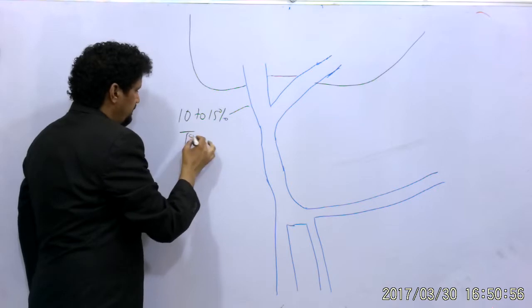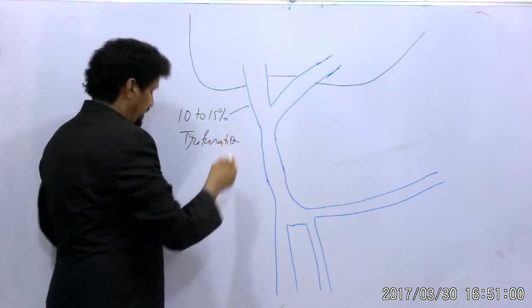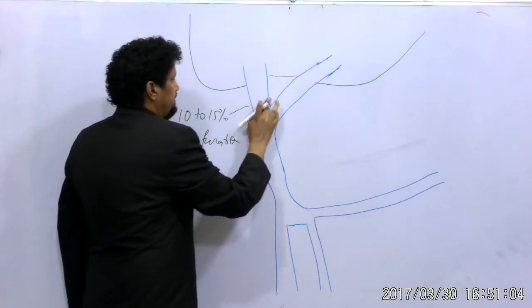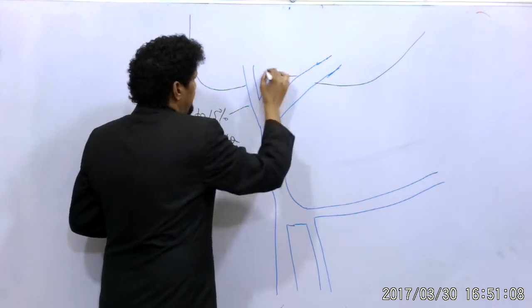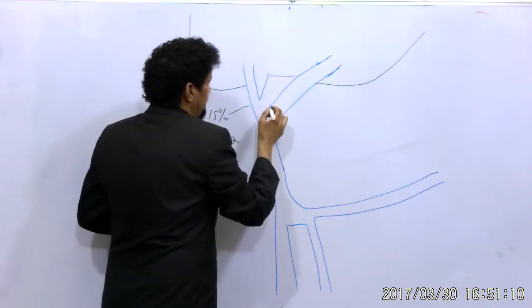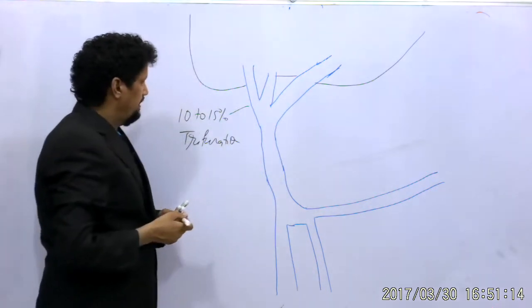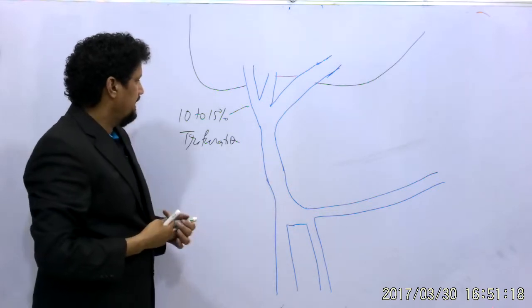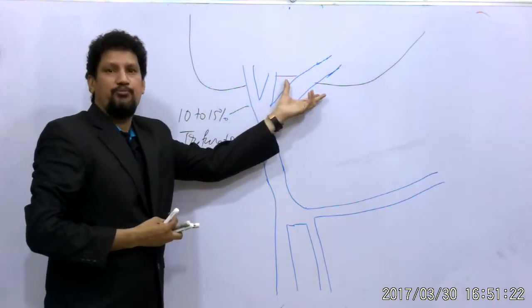In the case of trifurcation, the right is having two branches, the right lateral and the right medial. So, this is a case of trifurcation of the portal vein into right lateral, right medial and the left portal vein.